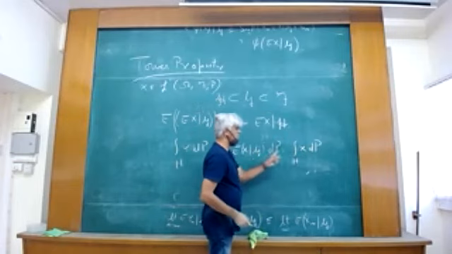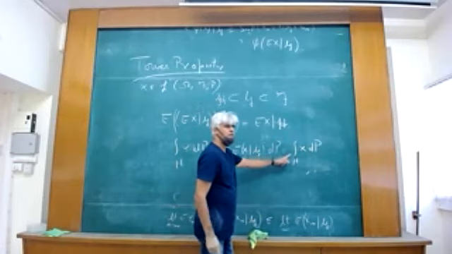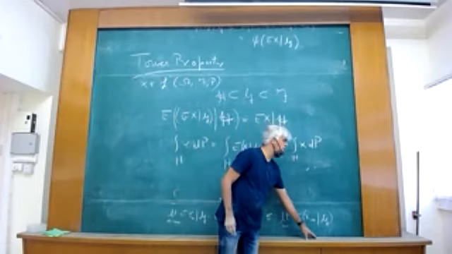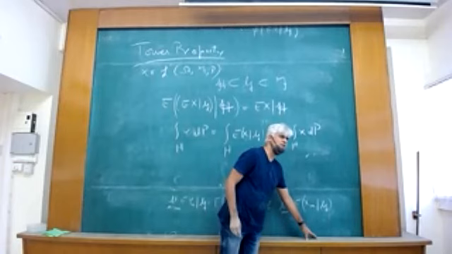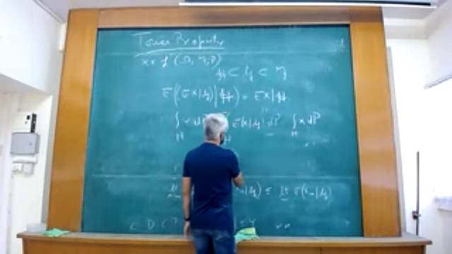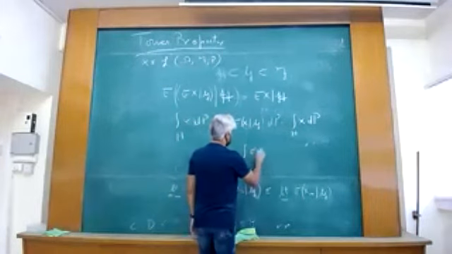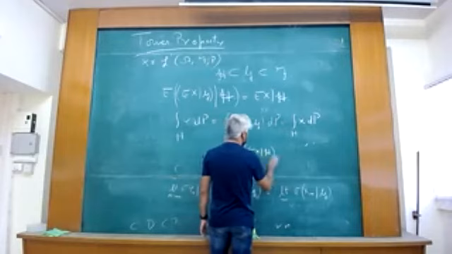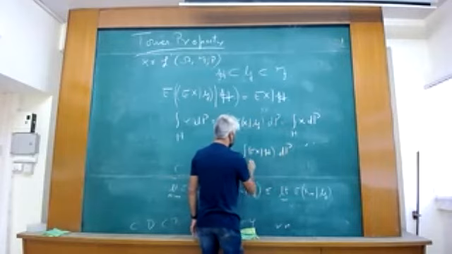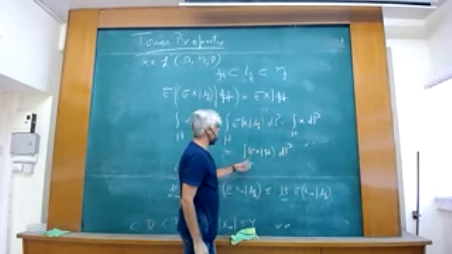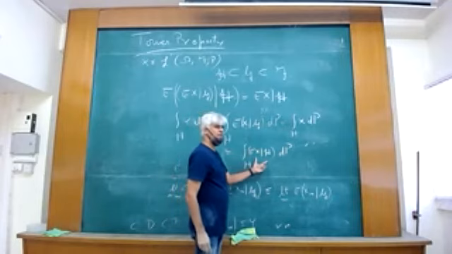This we know, right? Because H belongs to calligraphic H, it also belongs to calligraphic G. And we also know that there exists E of X given H, which integrates like X on sets in calligraphic H. So we know such a thing exists, and that is what we are looking for.